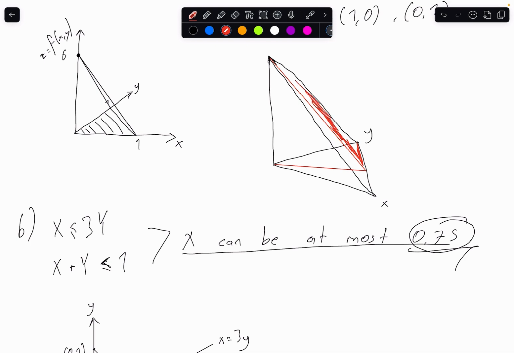Look at this part, all of this area. We need to find the area of this side. Okay.